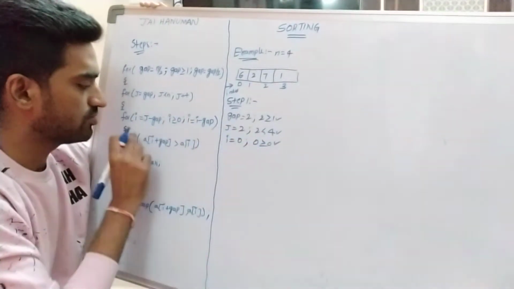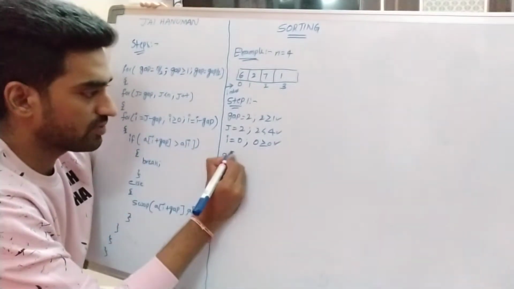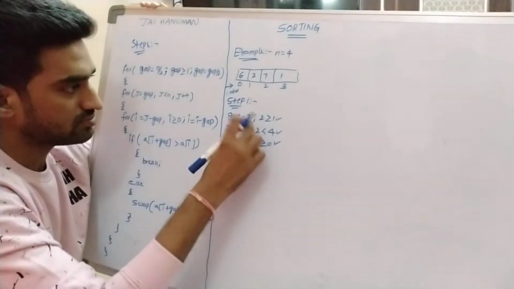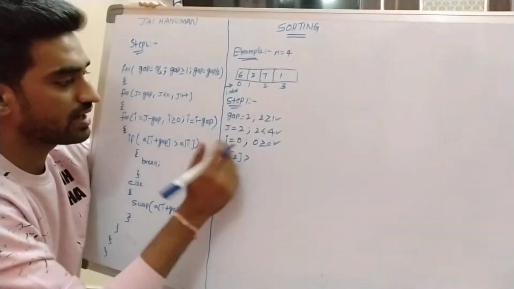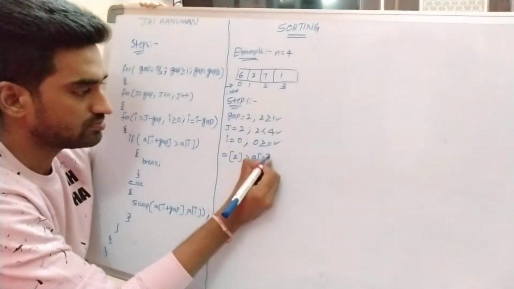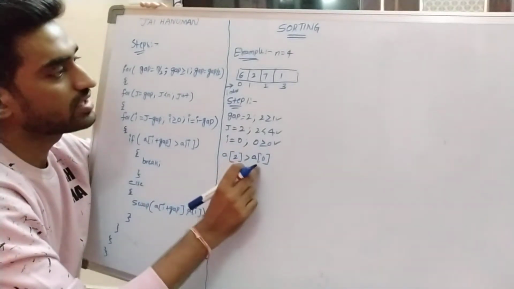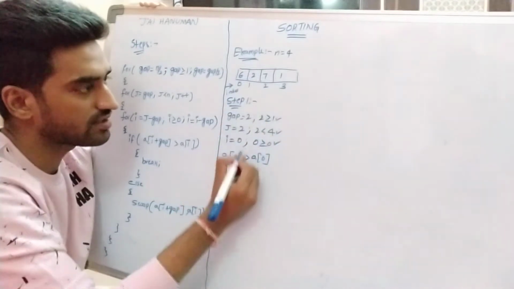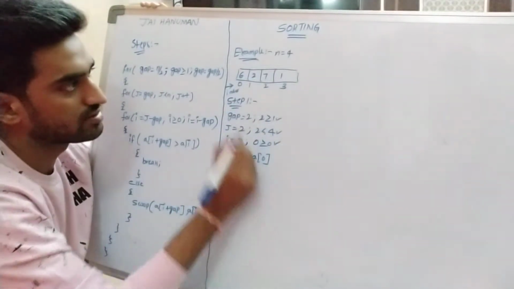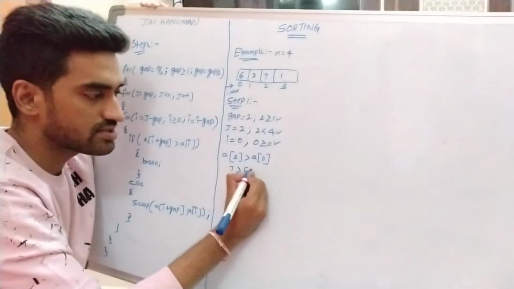Now we check this condition, e of i plus gap, 0 plus 2, e of 2 greater than e of i, e of 0. e of 2 is 7, greater than e of 0, which is 6. So this is true.